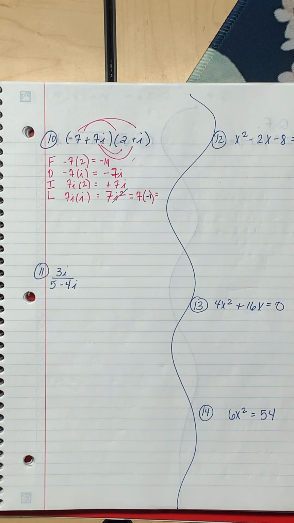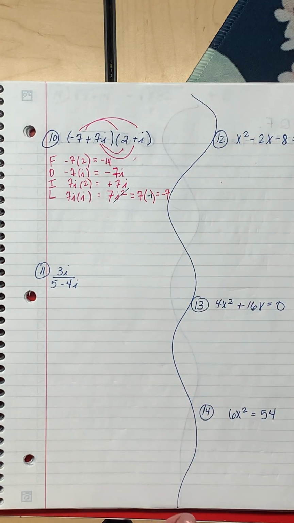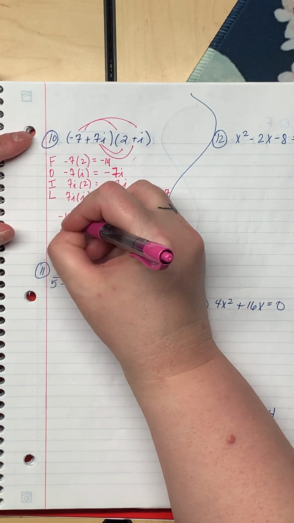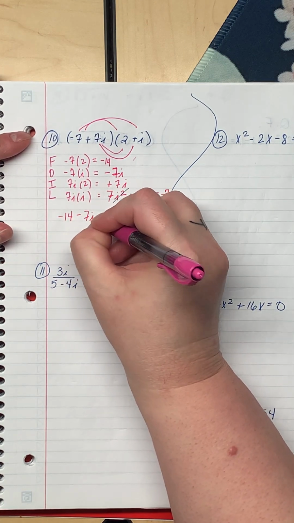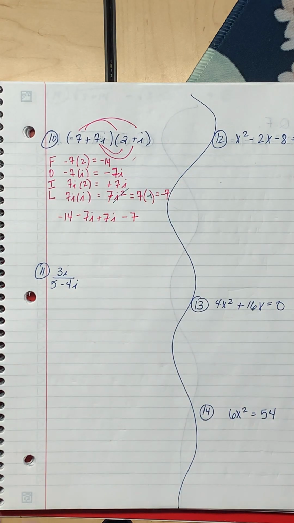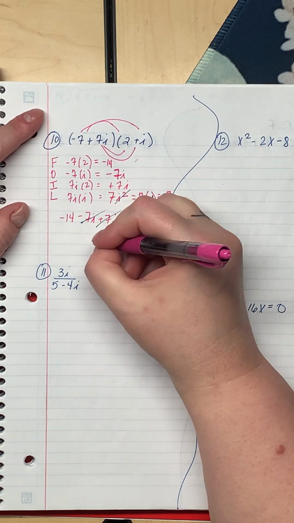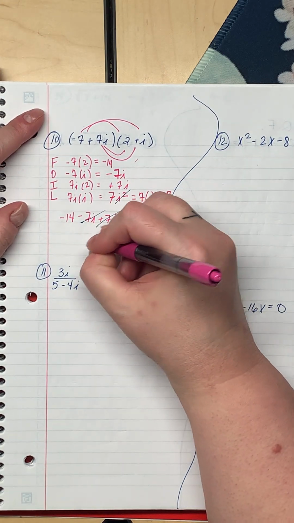That's from college algebra. And that gives you -7. And then now we're going to write it all down left to right. So we have -14 minus 7i plus 7i minus 7. And if you check it, the i's cancel out and we get -21.